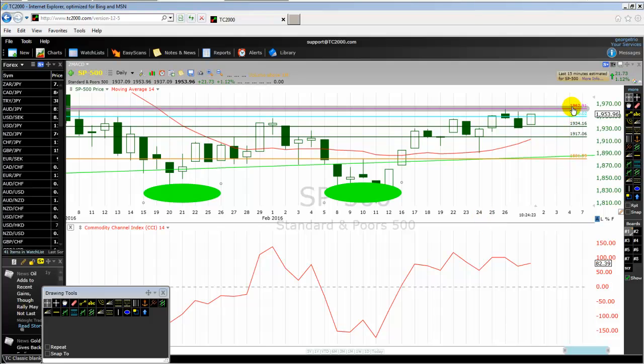What is the pink line? Oh, that's a very good question. The pink line is the long-term equilibrium price level for the S&P 500. If you are an investor, a position trader, you must pay attention to the long-term equilibrium price level for the S&P 500.